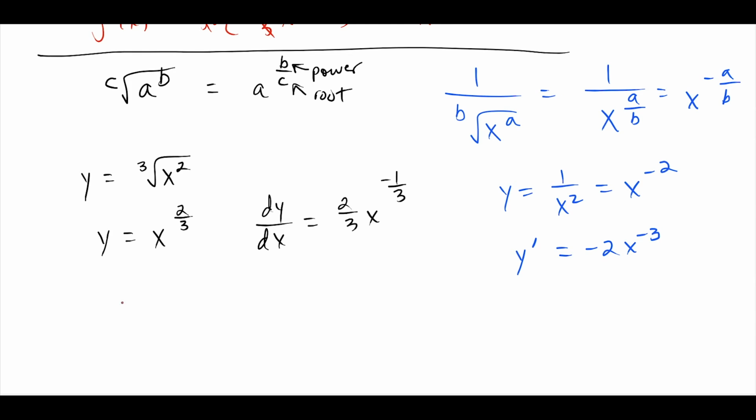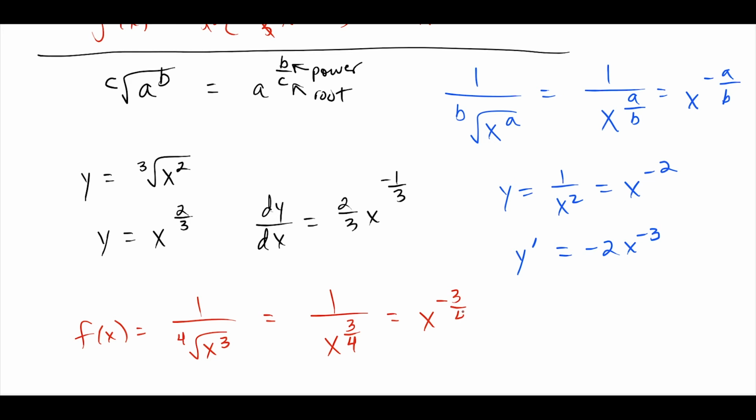So for the last question here, let's say we had something like f of x equals 1 over the 4th root of x to the 3rd power. So in a situation like this, I'm going to rewrite this as 1 over x to the 3/4 power. And now I could send this back up as x to the negative 3/4.